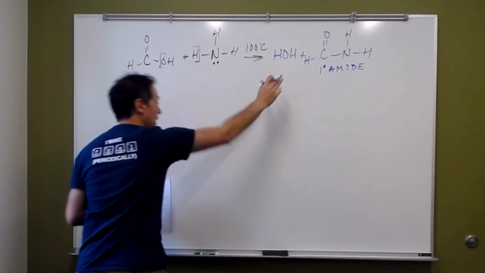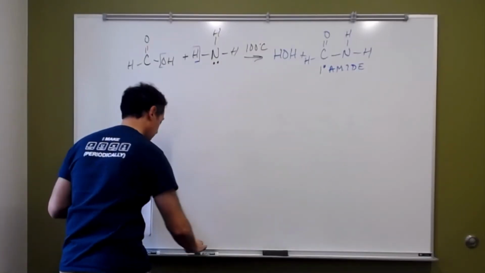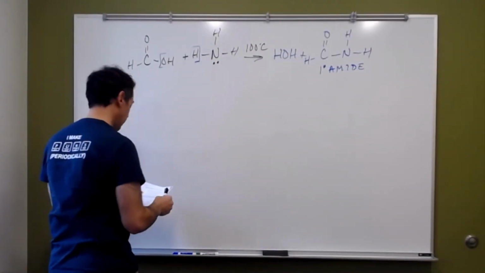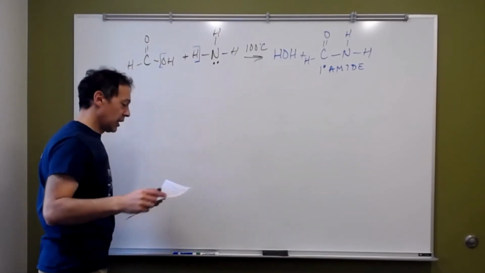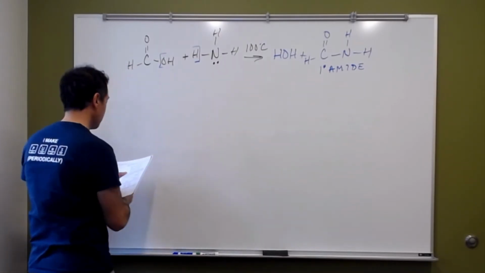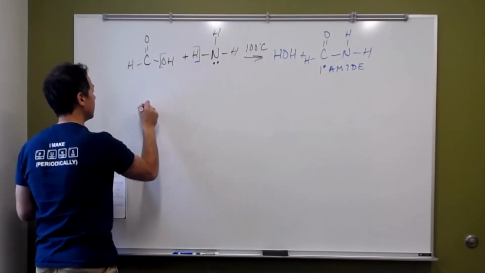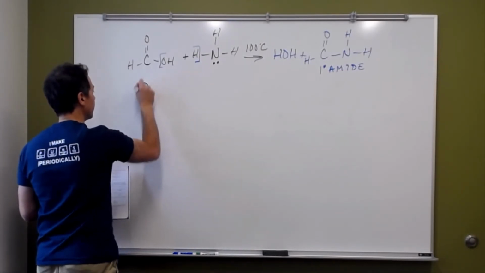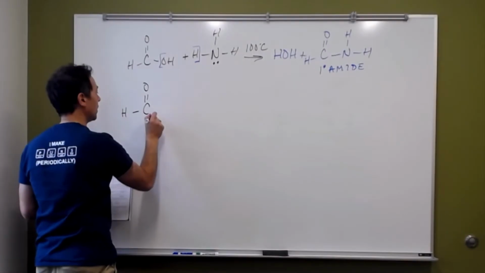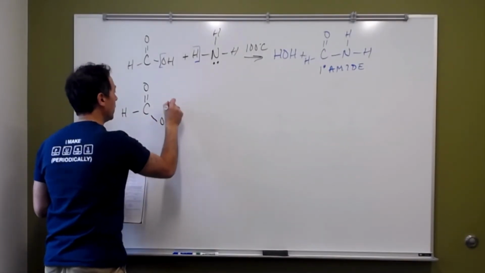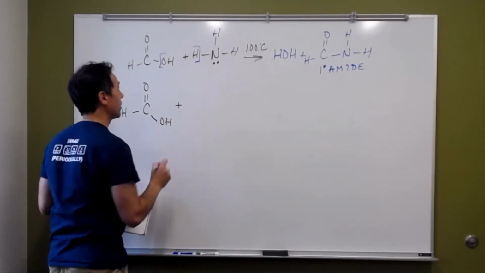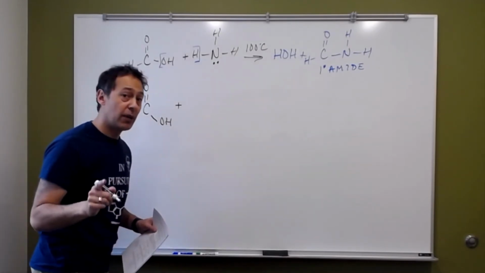Okay, so let's take that. Let's take our primary amide over there. Let's make a secondary amide. So to make a secondary amide, we're going to start out with our carboxylic acid here again. And we will react this with then a primary amine.